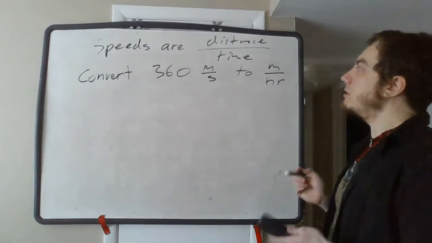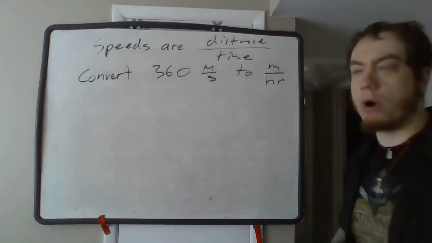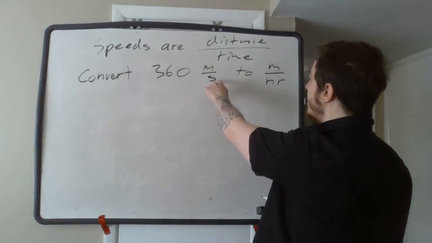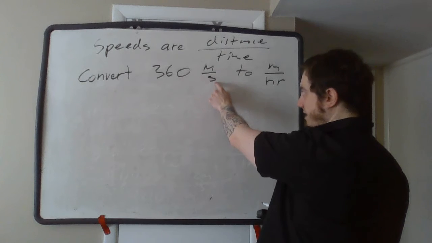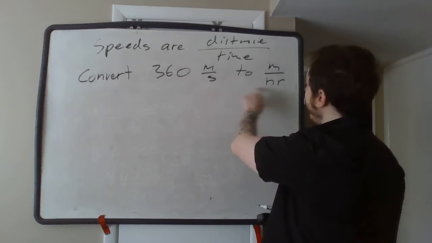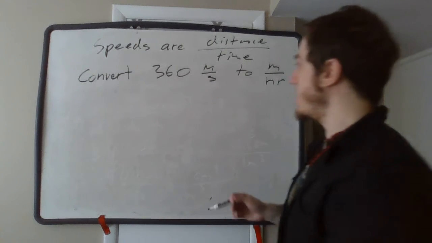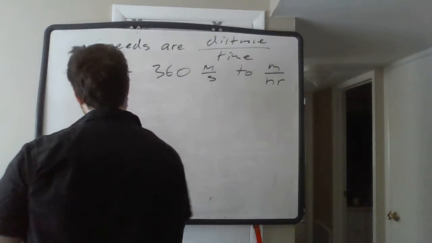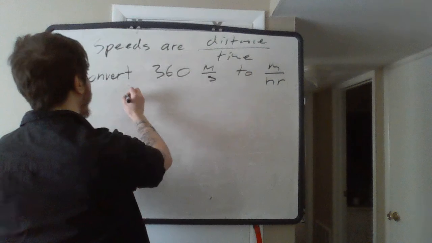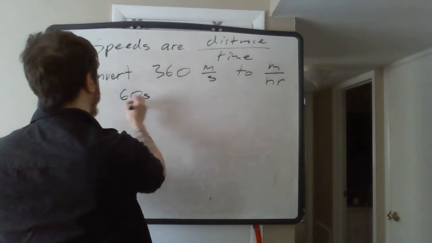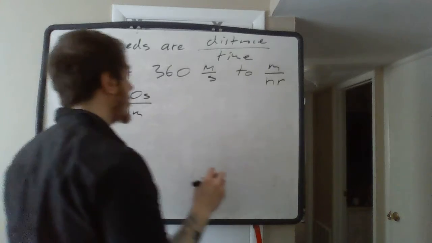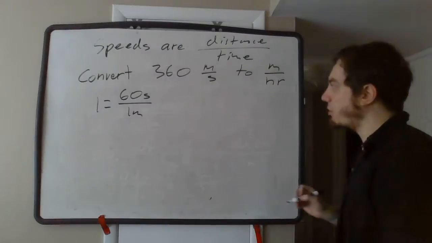Well, this is going to be a little bit different than what we've done before, although we're going to get there with the same idea. So what we want to do is cancel out the seconds, which are in the denominator, and end up with hours in the denominator. Now, the thing that we know is this. We know that there are 60 seconds per 1 minute, and we also know that there are 60 minutes per 1 hour.